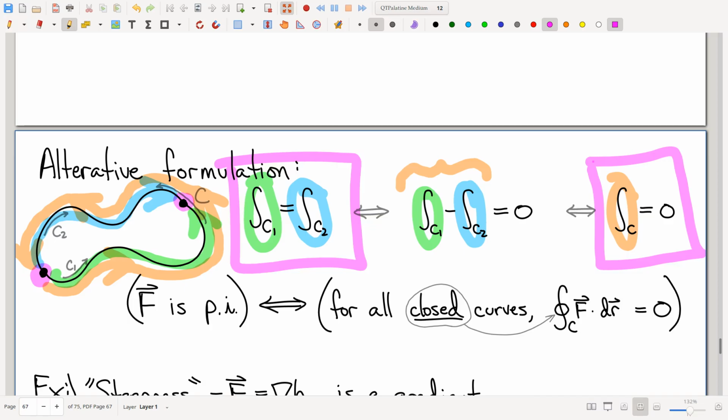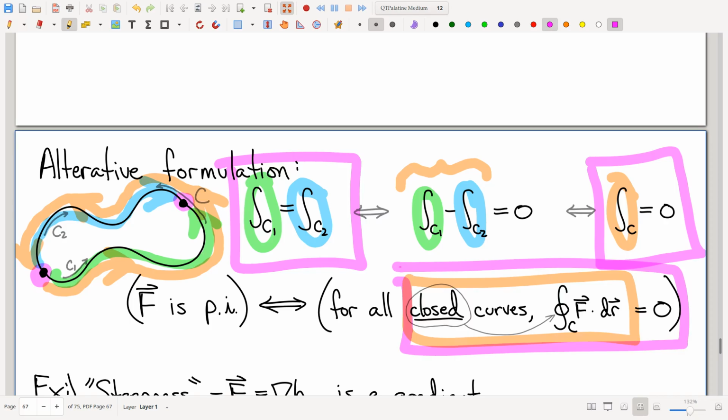So that's the alternative phrasing for path independence. Circulations must all be 0. Everybody happy with that? All right. And that's what I've written here. Circulations: line integrals on closed curves are all 0. Okay.